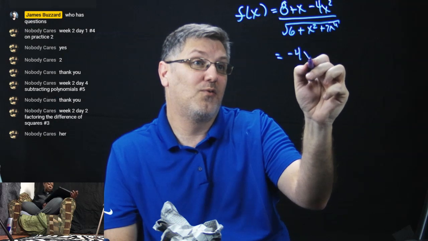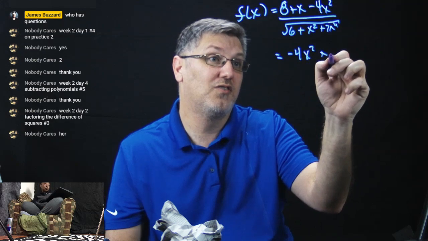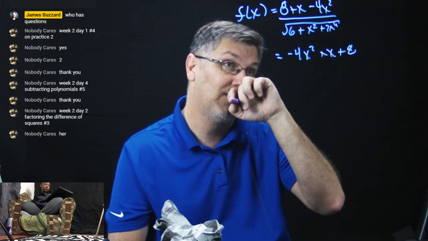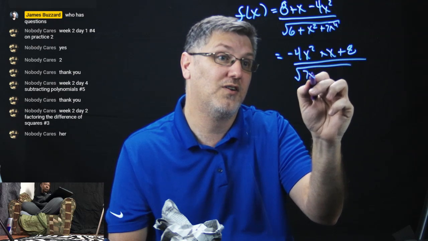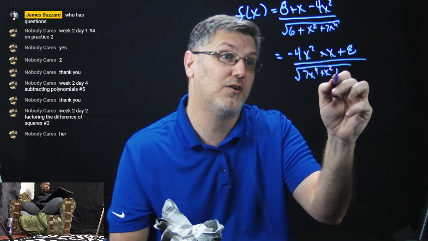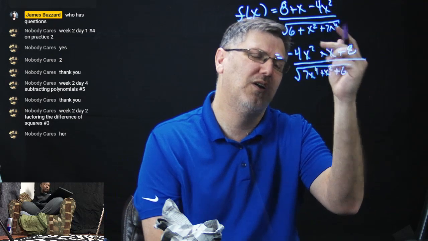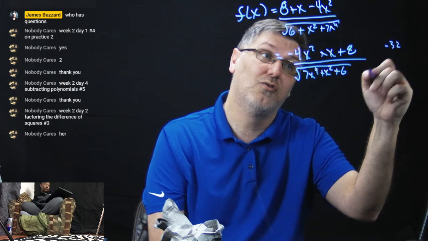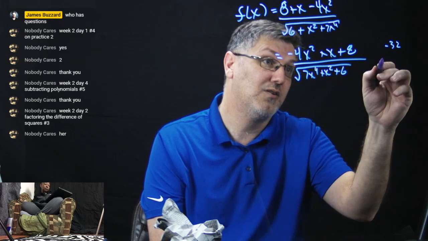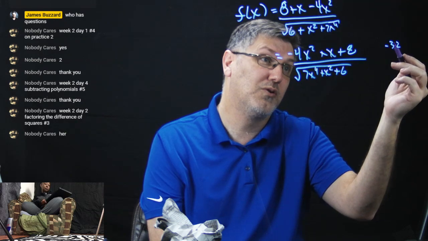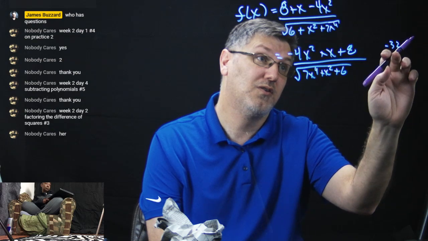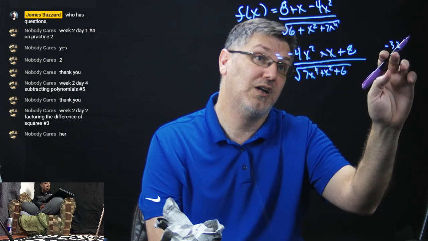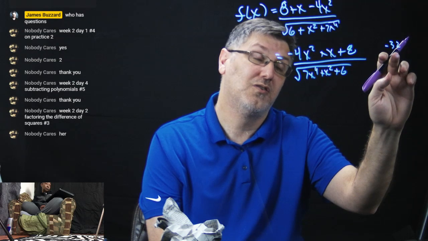So I've got negative 4x squared plus x plus 8 over the square root of 7x to the 4th plus x squared plus 6. 8 times negative 4 is negative 32. That should be 2, 3, 4, 5, 6, 7, 8.